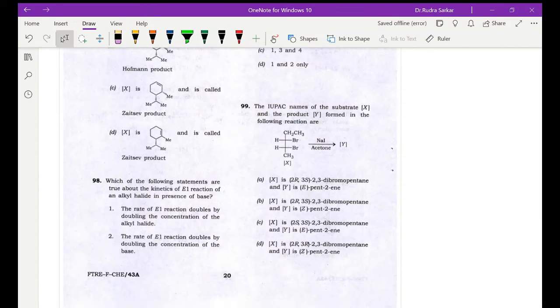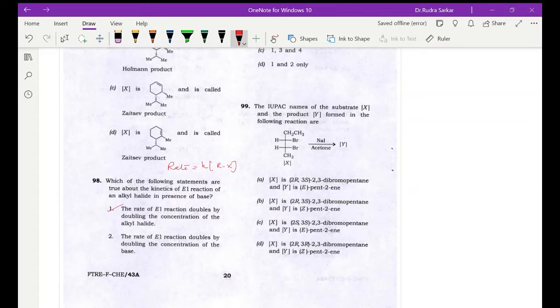Which one of the following statements are true about the kinetics of an E1 reaction of an alkyl halide in presence of a base? So for the rate of E1 reaction, we will say it just depends on the RX. Elimination unimolecular, right? So the rate of the reaction doubles by doubling the concentration of the alkyl halide, which is true.